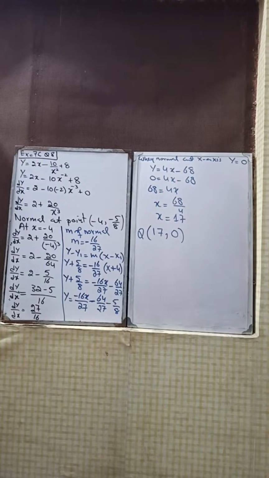So we can use a calculator to find minus 64 divided by 27, minus 5 divided by 8.